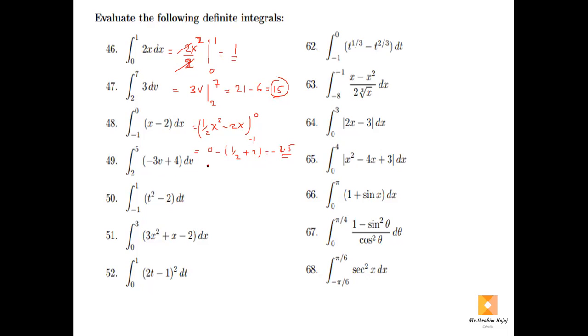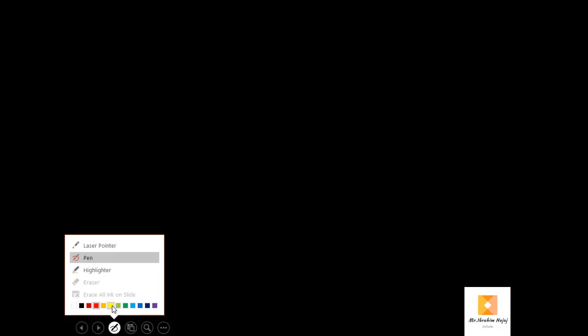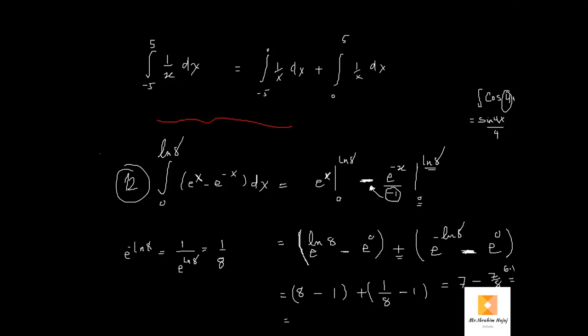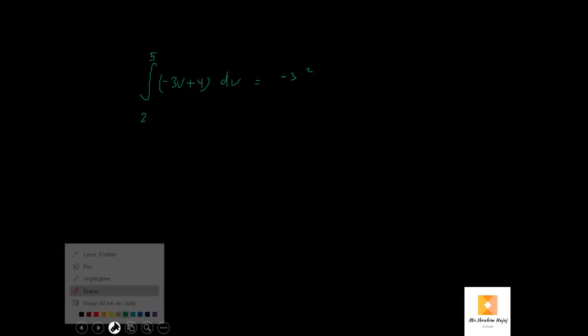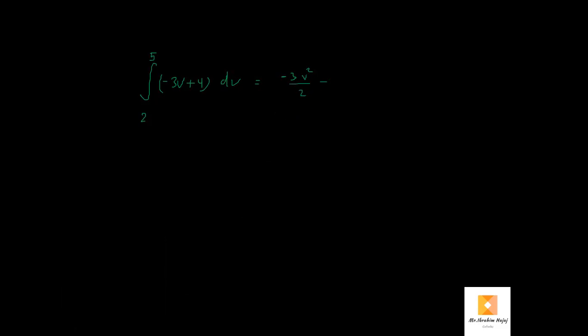Because there is no space, I have 49, from 2 to 5 of negative 3v plus 4 dv. The answer is negative 3v squared over 2 plus 4v.